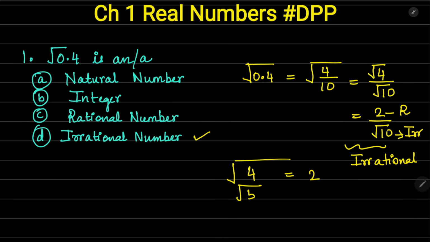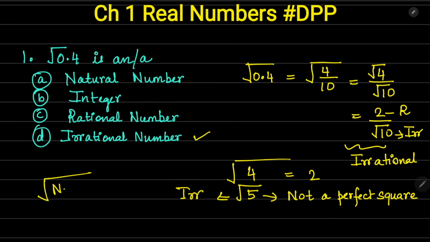But if you take square root of 5, 5 is not a perfect square, so it is irrational. Always remember, whenever you have root of a number which is not a perfect square, it is always irrational.